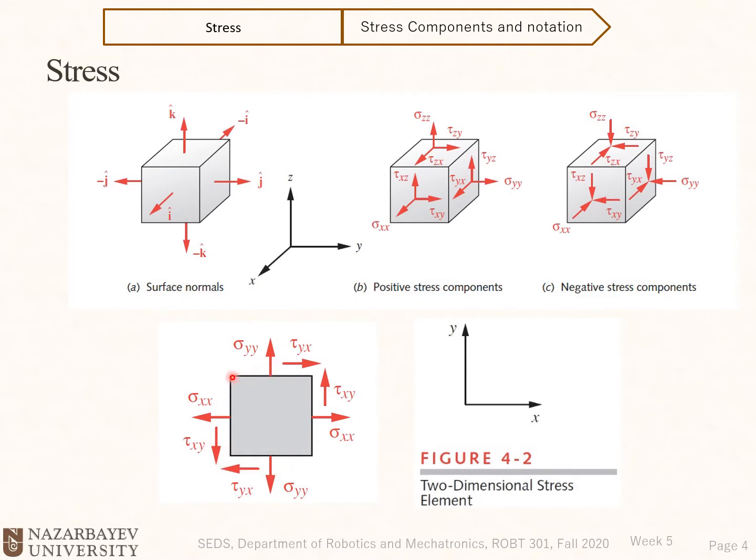So if we write the sum of forces in x and y equal to 0, or write the static equilibrium equation, so we see that tau xy here should be equal to tau yx. We'll discuss this more in coming slides.